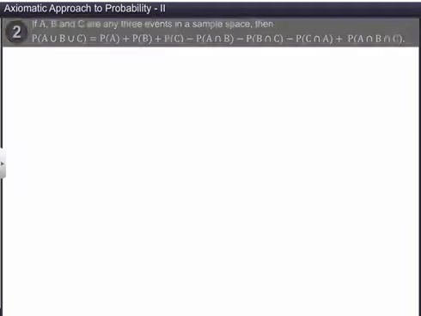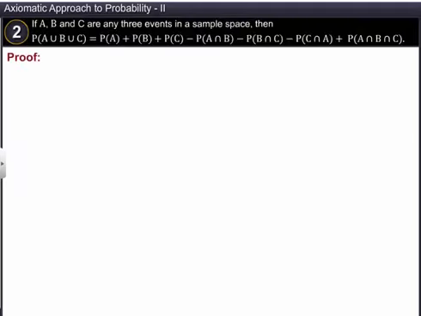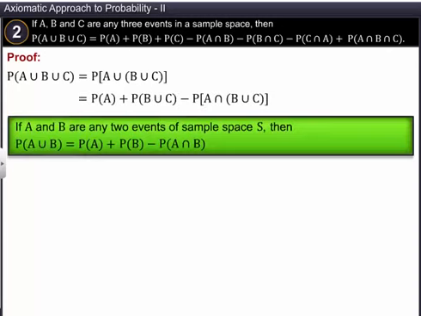To prove this, let's consider P of A union B union C. This is equal to P of A union B union C. By using the theorem on the probability of an OR operation of two events, we get these steps.